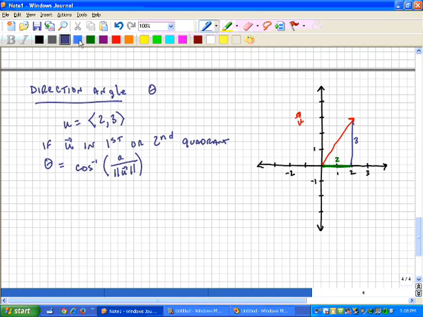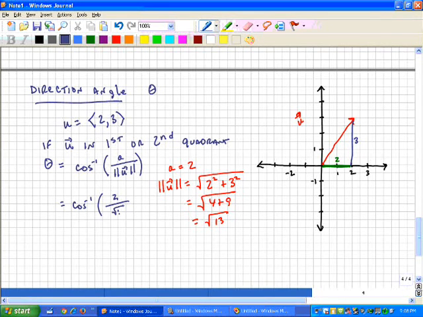So in this case, our A is 2, and the magnitude of the vector u is the square root of the horizontal component squared plus the vertical component squared, square root of 4 plus 9, or the square root of 13. So that theta is equal to the cosine inverse of 2 over the square root of 13.